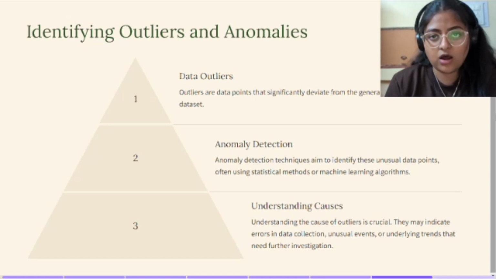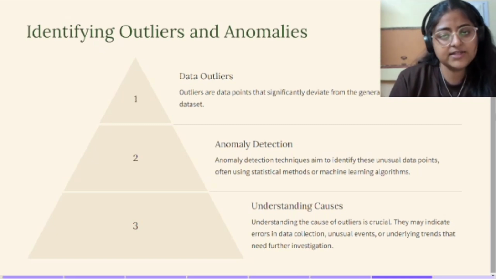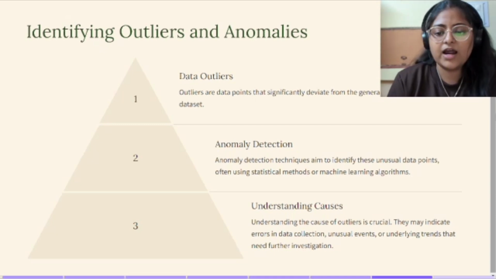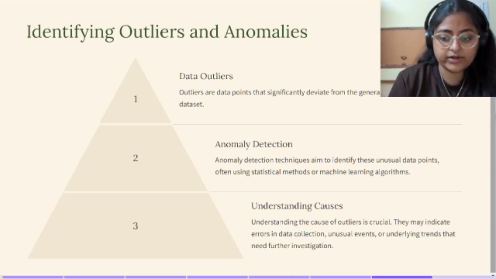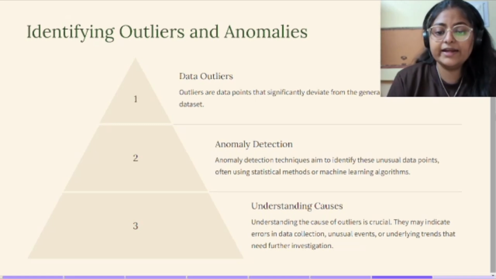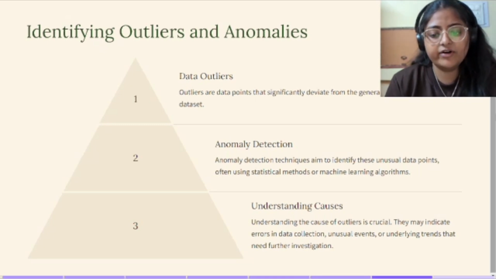We detect anomalies in the data set and remove outliers with the help of machine learning algorithms and statistical methods. Understanding the cause of outliers is crucial as they indicate errors in data collection, unusual events or underlying trends that need further investigation.